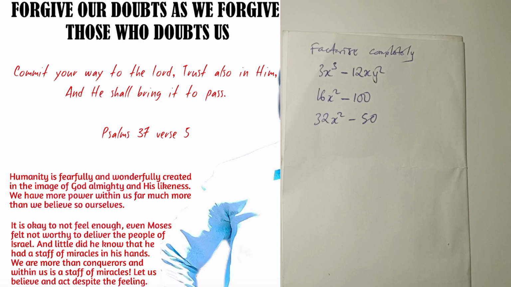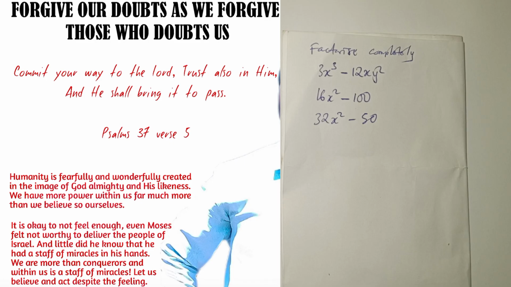Today I want us to talk about the following questions. Factorize completely 3x cubed minus 12xy squared, 16x squared minus 100, and 32x squared minus 50. We know that these questions can be calculated by the concept of factorization.